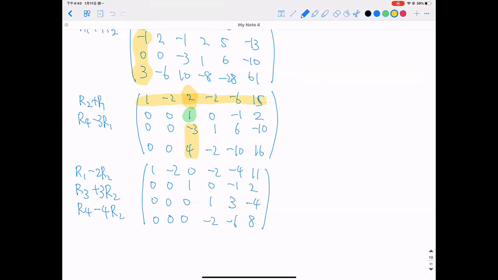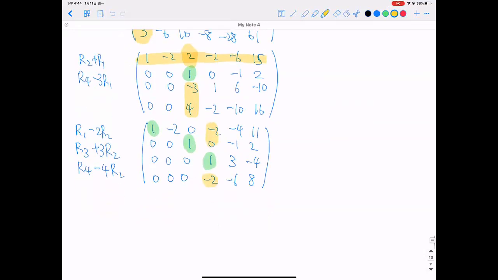Now what? Now we've done. Now where are the leading ones? Leading ones here, here, and now it's this one. The third row, first non-zero entry already is a 1. So what you need to do in order to get to reduced echelon form is to get rid of these guys. Here we can do that.